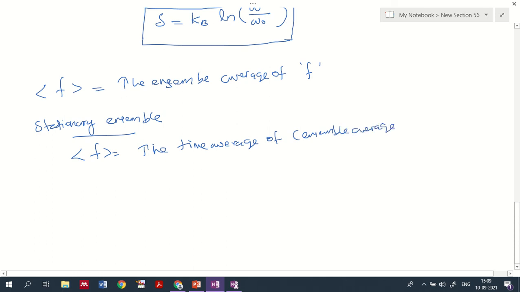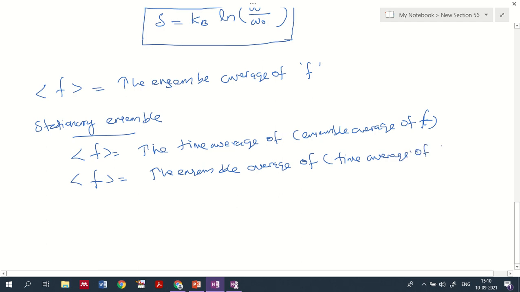This gives the idea of the resultant value, the ensemble average of f. Because time average and ensemble average are independent quantities here, we can also represent this equation as the ensemble average of the time average of the function f.